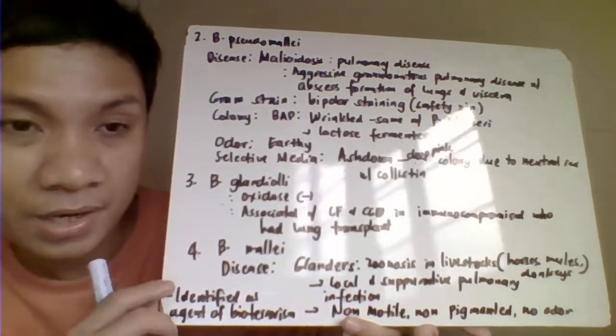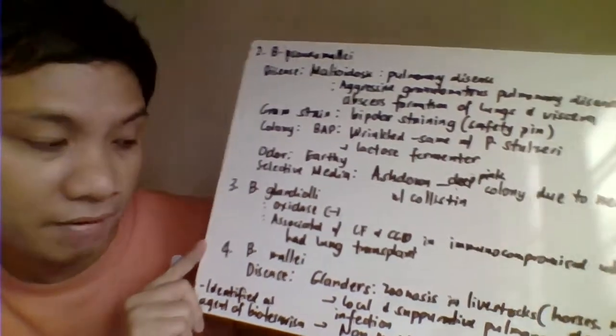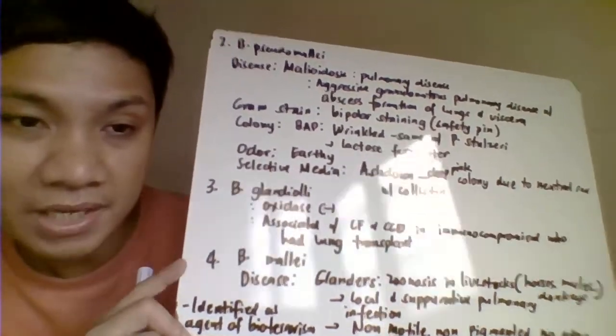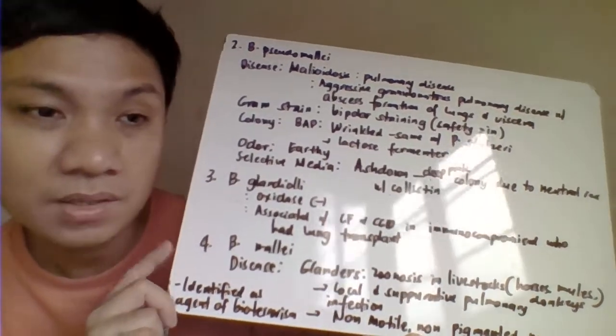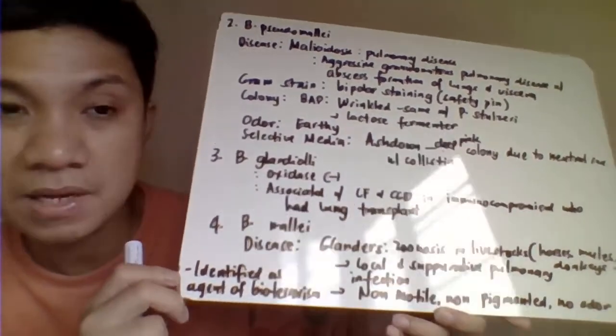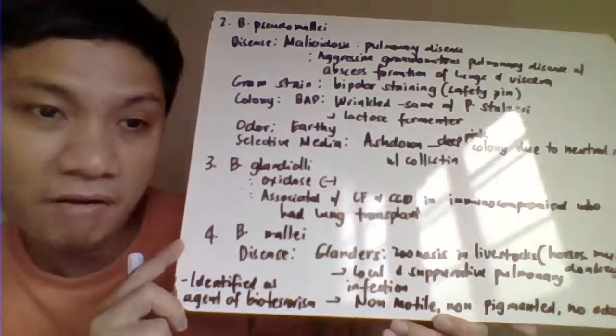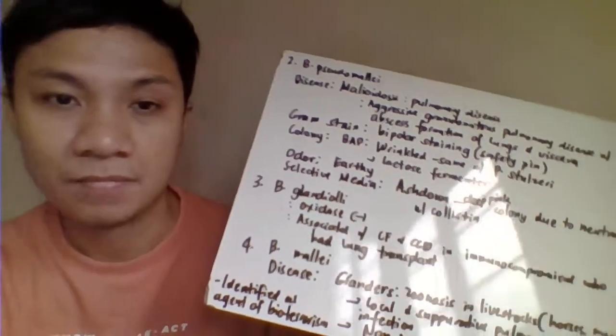This is also a type of pulmonary infection. So it might also infect humans by having that pulmonary infection. So this is identified here as non-motile. Wala siyang characteristic na pigment, wala din siyang characteristic na odor. But delikado ito, so this one has been identified by the US government as one of the agents of bioterrorism.